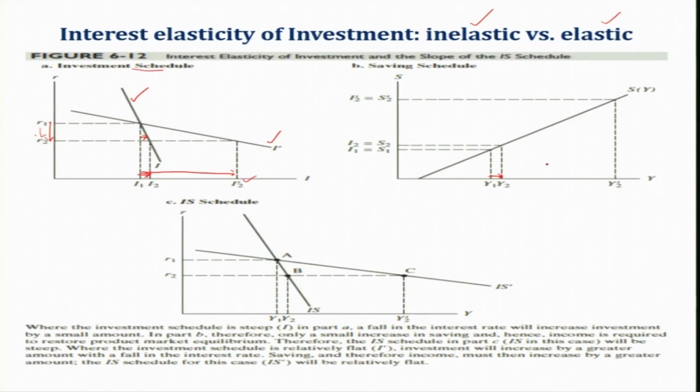But if the interest elasticity of investment is very high, elastic, then a small decrease in the rate of interest produces a large increase in investment, so the corresponding increase in saving must also be high, which needs a large increase in income, as denoted by this much. So in both cases, if we assume interest elasticity of investment is inelastic, then our IS curve is going to be very steep. In contrast, if interest elasticity of investment is elastic, then the IS curve is going to be very flat.